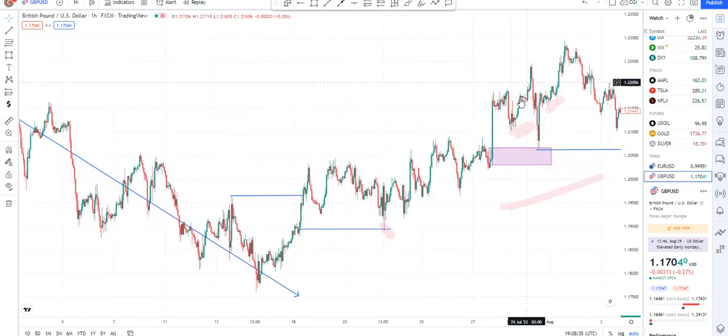So break of market structure is the sign that will let you know if the trend you are trading in has changed or is continuing. You just have to look out for these signs.